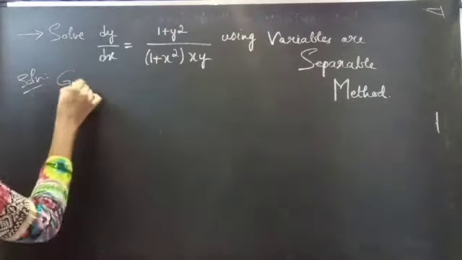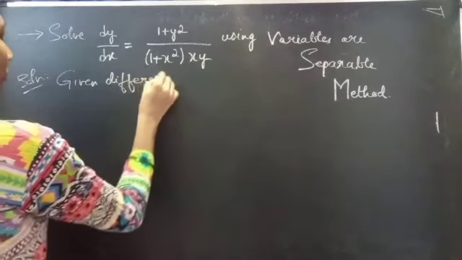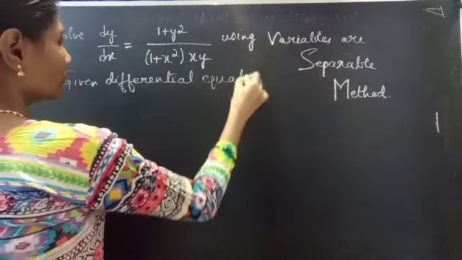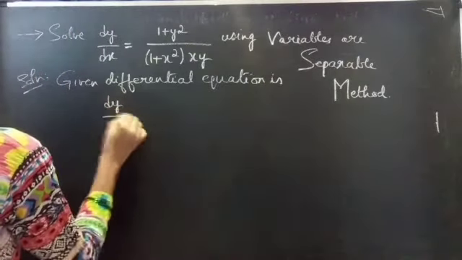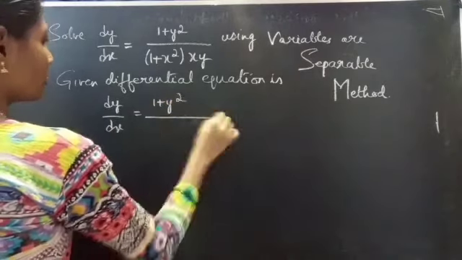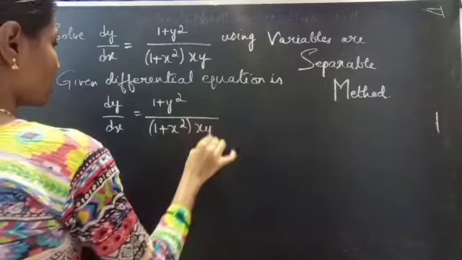Given differential equation is dy by dx equals (1 plus y square) by (1 plus x square) into xy.